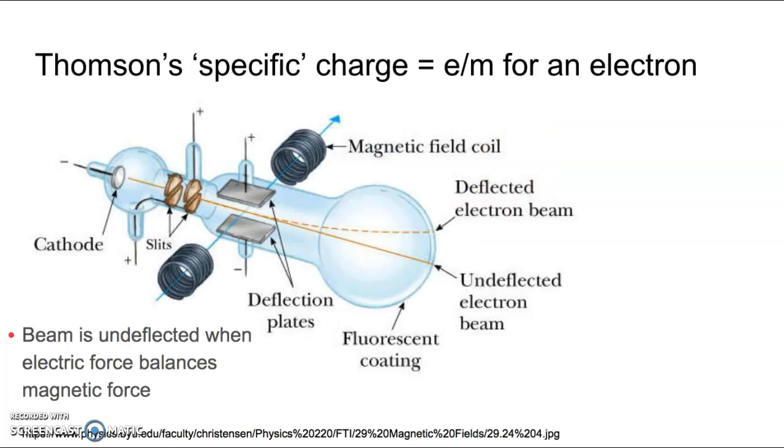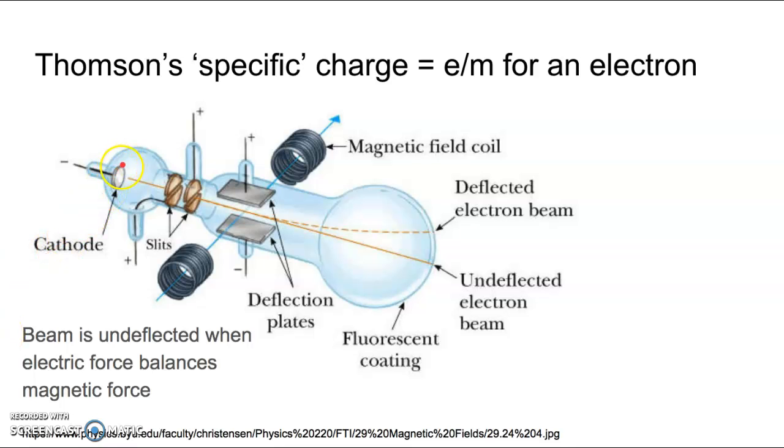The other one is something called the specific charge, which is a charge per unit mass for an electron. So Millikan found out that electrons came in particular quantities of the fundamental charge of an electron, 1.6 times 10 to the minus 19 coulombs. Thomson then took this a little bit further and came up with the idea that you could actually work out what the ratio of charge to mass was.